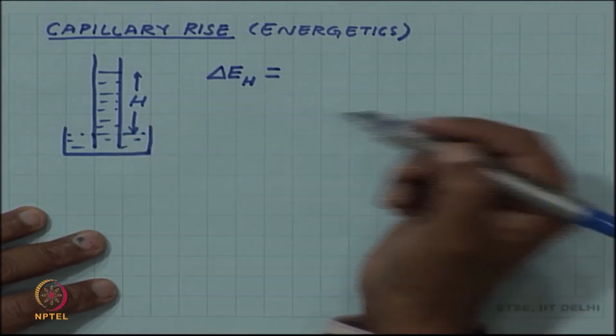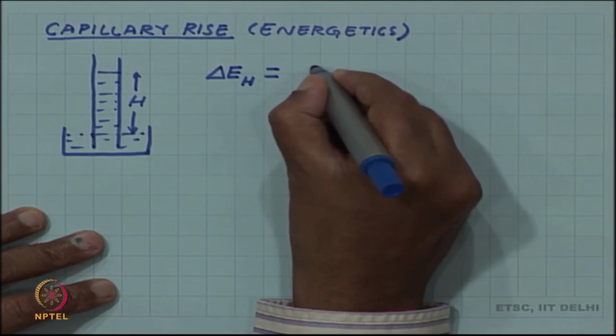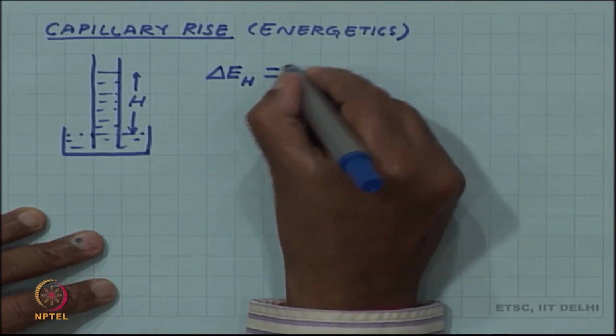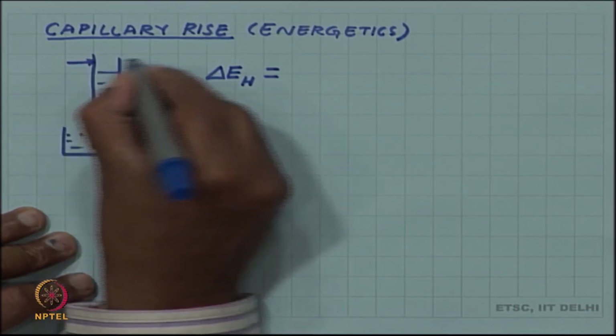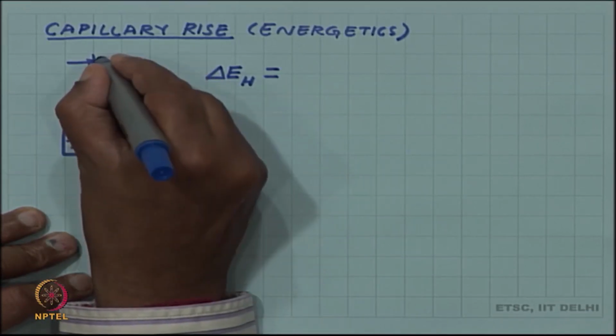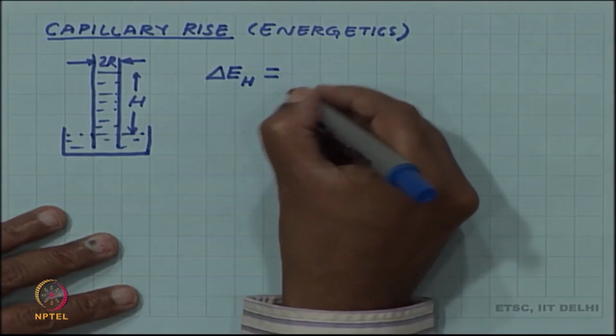The potential energy of this liquid column we can write in terms of the volume. Let us say that the diameter of the tube is 2r, radius being r.